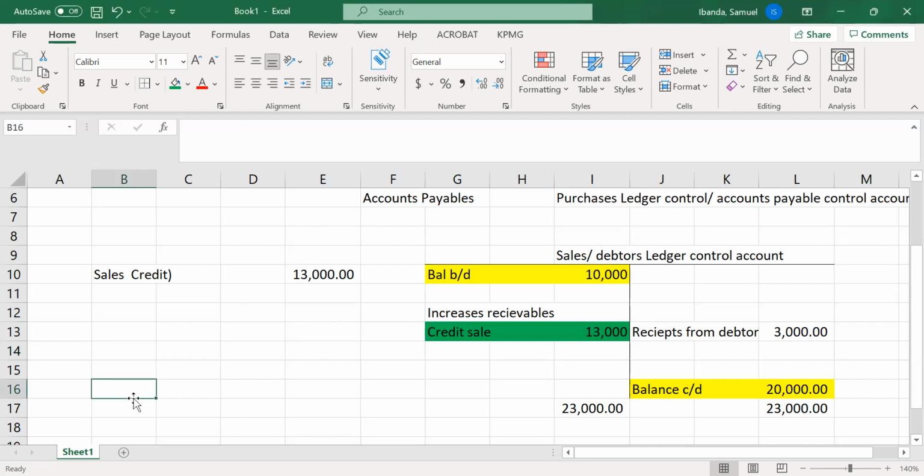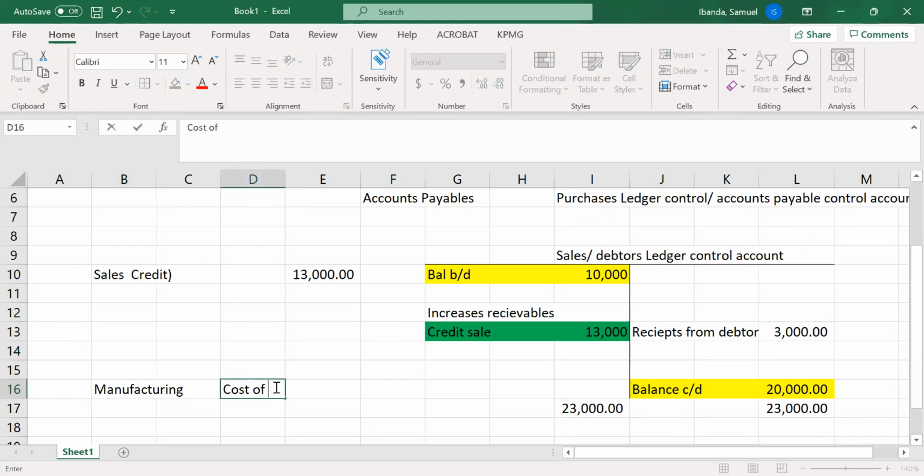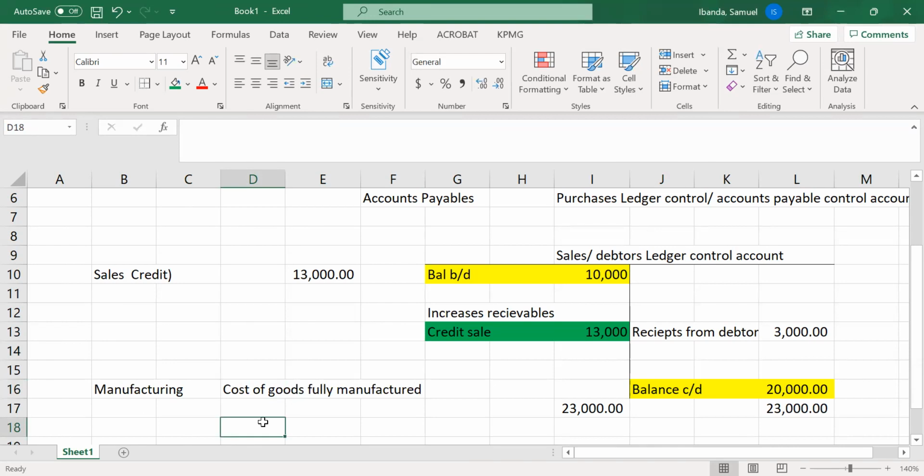The reason why we draw up the manufacturing account is basically to determine the cost of goods fully manufactured. So for you to answer for yourself whether depreciation for the factory assets is included here, you should ask yourself, is the depreciation for the factory assets part of the cost of my goods?